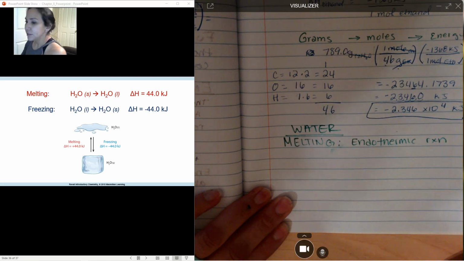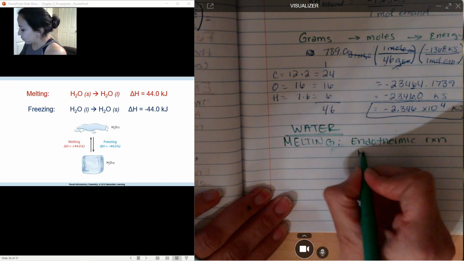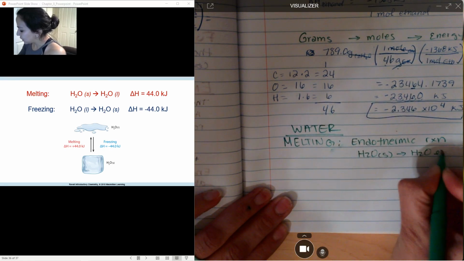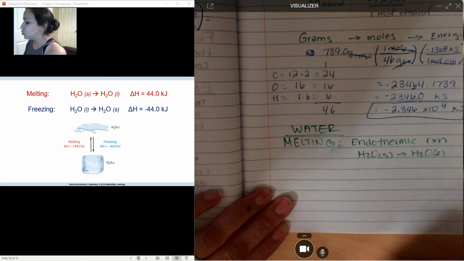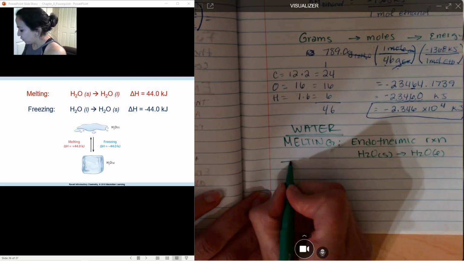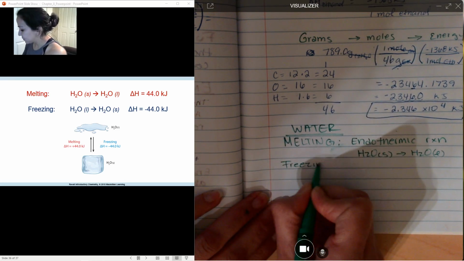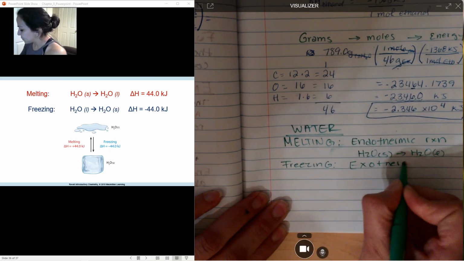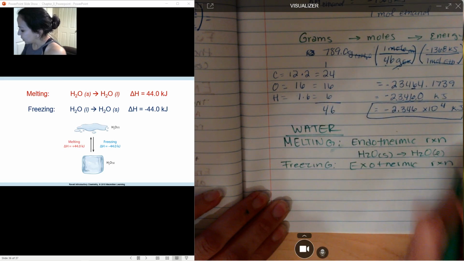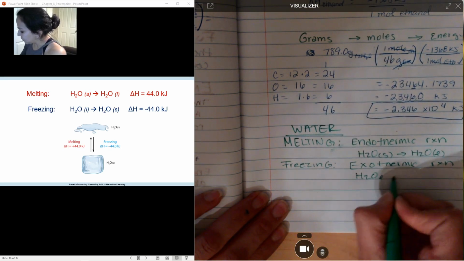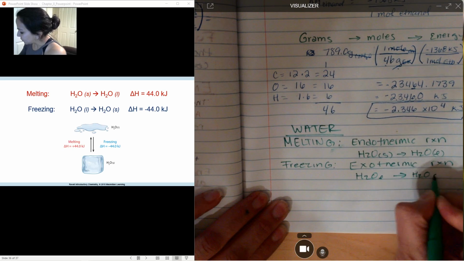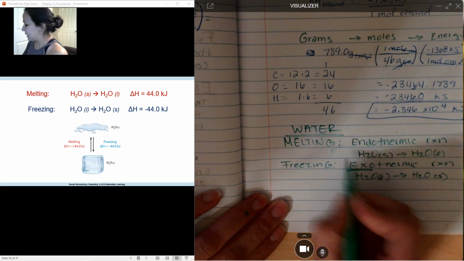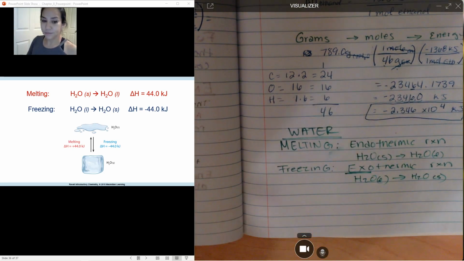Okay, and so that means you're going to go from an H2O solid into your H2O liquid, and you're going to absorb energy. When you are freezing, you're in an exothermic reaction, okay, and you're going from H2O liquid to H2O solid, right? And in this case, you're releasing energy when you're freezing.